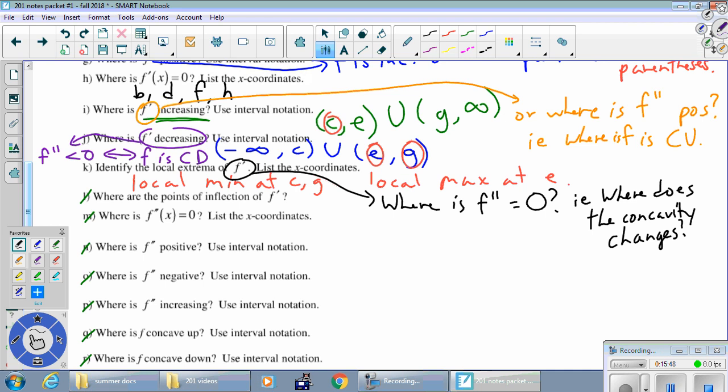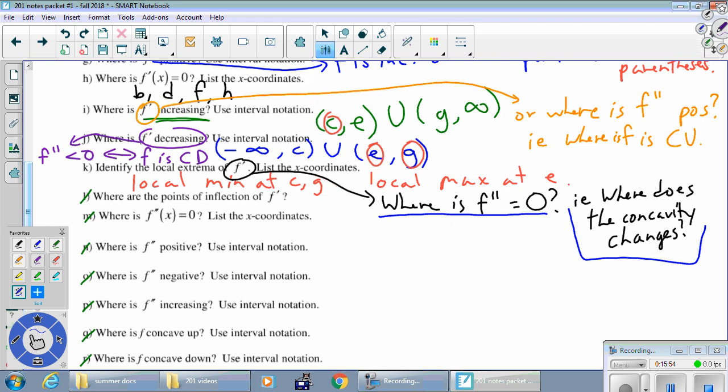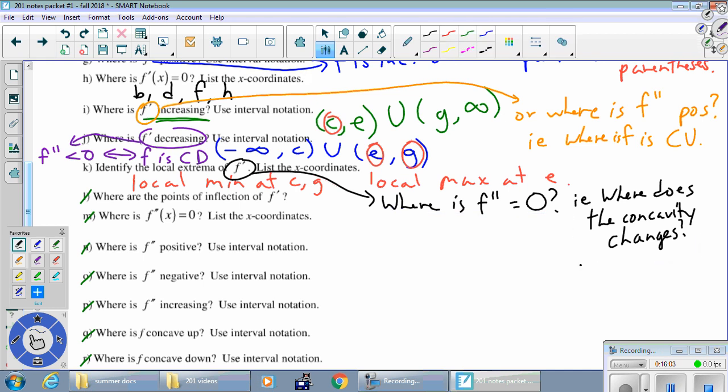It's a detail that's probably not going to come up for us, but truth be told, this and this are not exactly identical. They're not exactly synonymous with each other, but for our purposes, it's good enough. This question is really just asking for the points of inflection. And again, if you take a look at the graph, you should hopefully discover that we've got points of inflection at C and G and E.